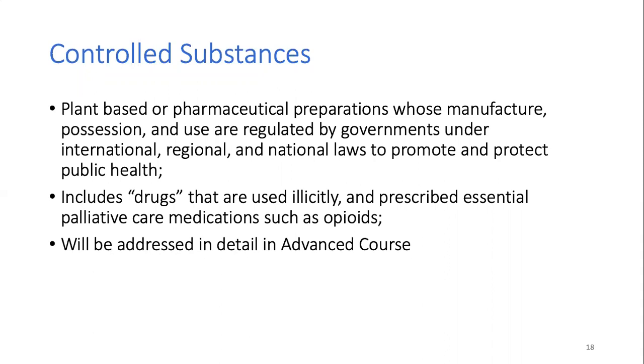And they include what are called drugs in common parlance that are used illicitly, illegally, and it includes prescribed essential palliative care medicines such as opioids, which is one reason it's such an issue to advocate for palliative care medicines, because they are controlled substances just as illicit drugs are.